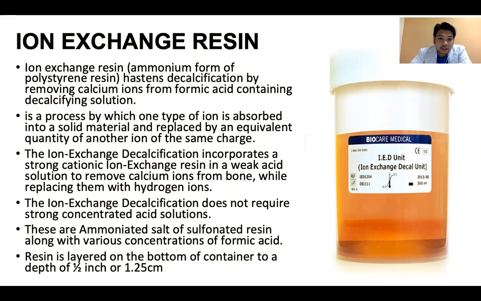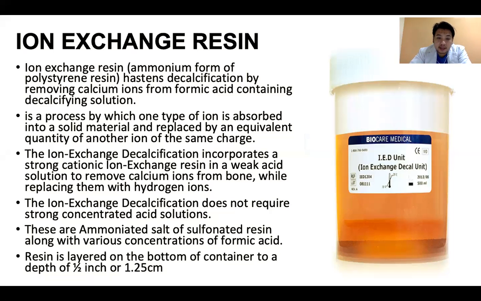So the ion exchange decalcification incorporates a strong cationic ion exchange resin in a weak acid solution to remove calcium ion from the bone while replacing it with the hydrogen ion. So ion exchange. So yung hydrogen ion na nasa solution, i-replace niya yung calcium ion na nasa bone.